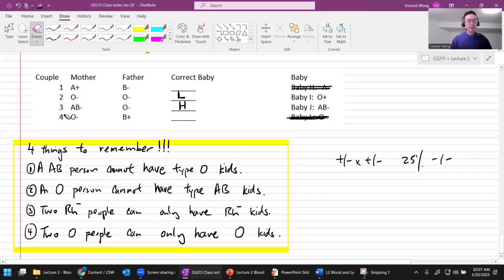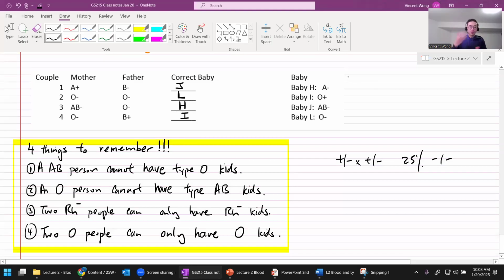All right, couple number 4. Mother is O. That means she cannot have AB babies. So J is not theirs. That means I is theirs. And finally, there's only one baby left, which goes right there. That's how you do it.